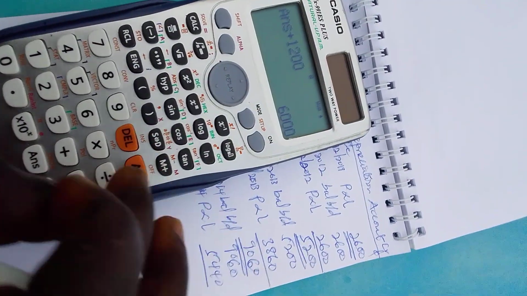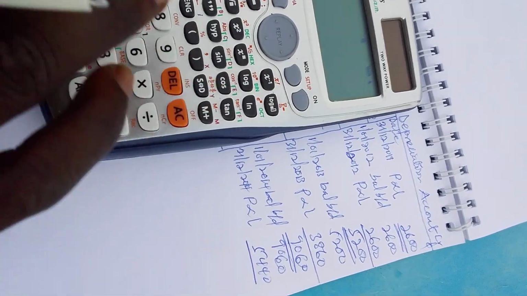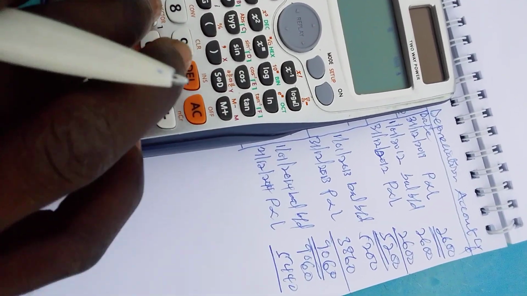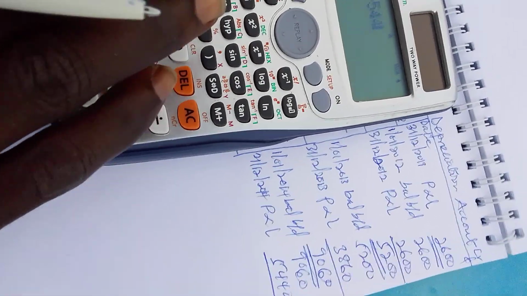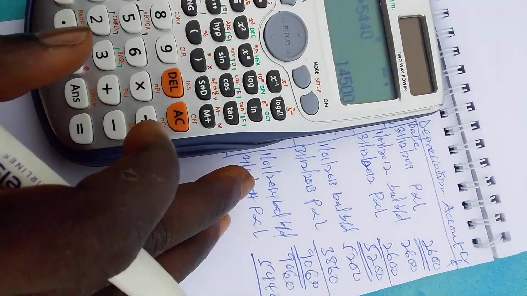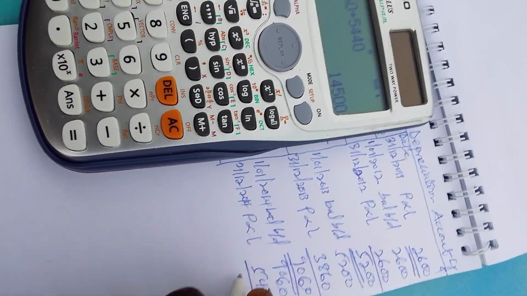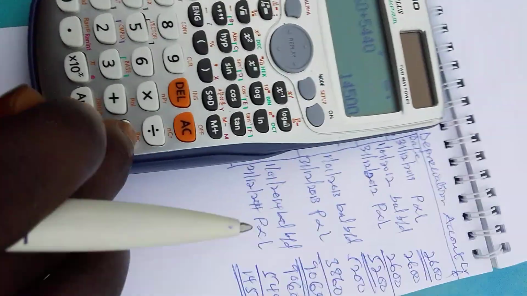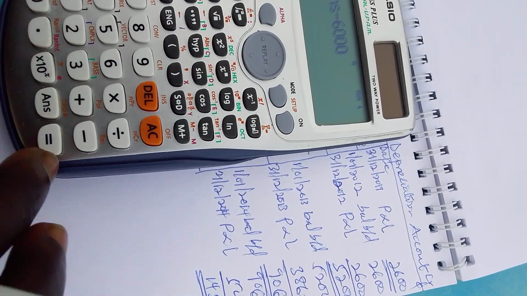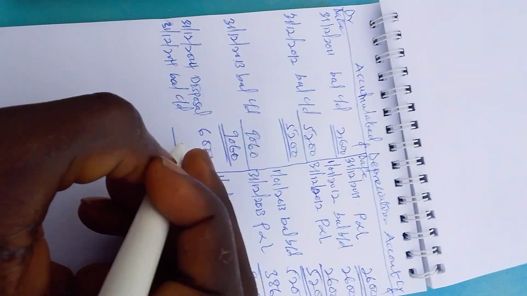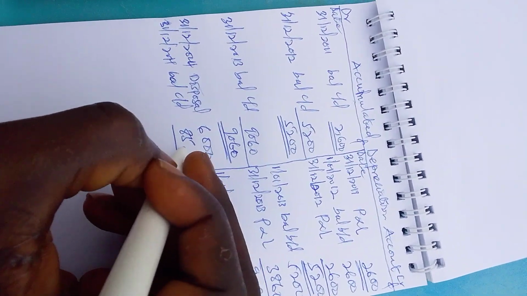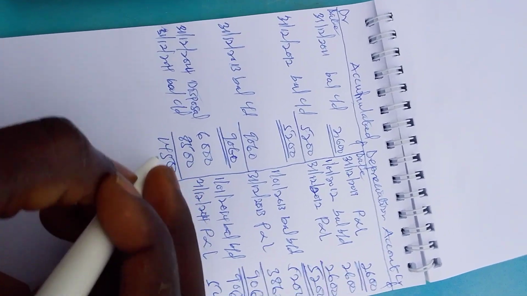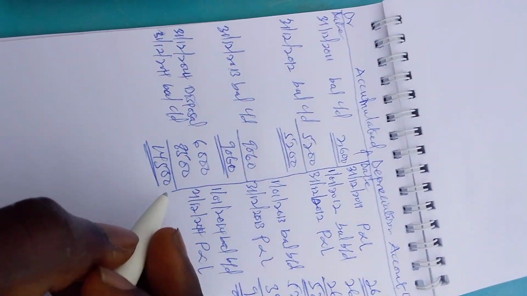So let's see, 9,060 plus 5,440 gives us 14,500. 14,500 minus 6,000 will give us 8,500. So 14,500 is the total.